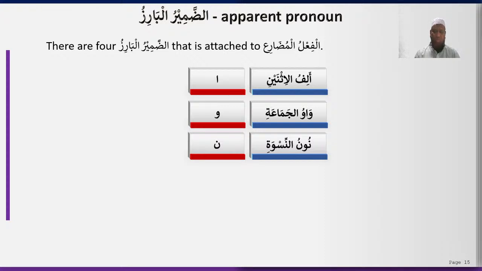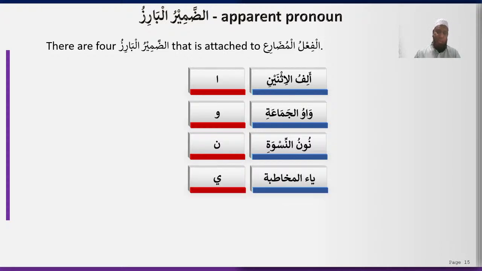Number 2, جمع مؤنث مخاطب. In these 2 sigas, this noon is called noon النسوة. And number 4, ya, called ya al-mukhatabah.